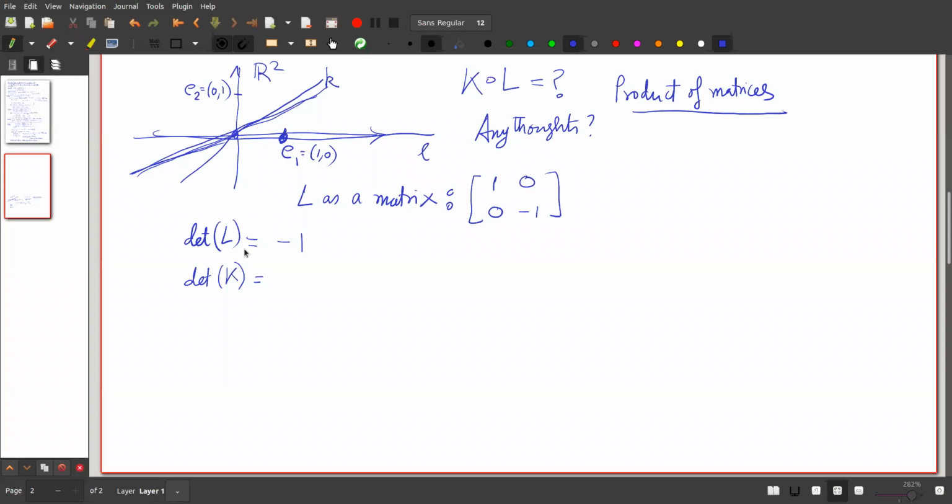However, if I ask only about the determinant of K, I can express K in a basis that is convenient for K. So what is the convenient basis to choose for K? For K, you can tilt your axis like this.